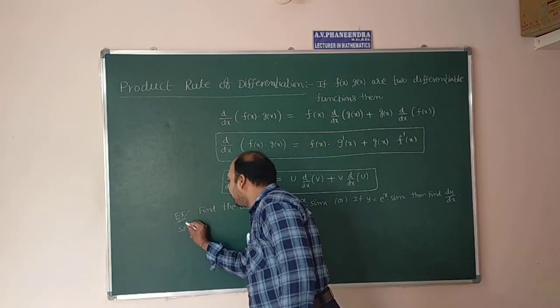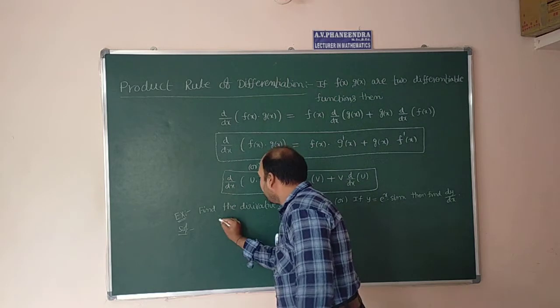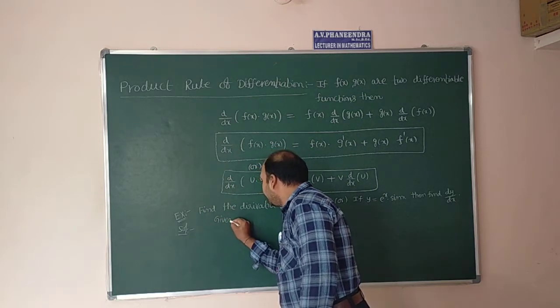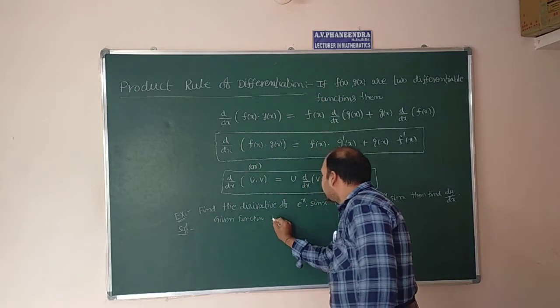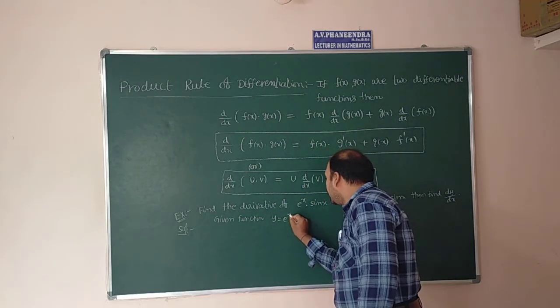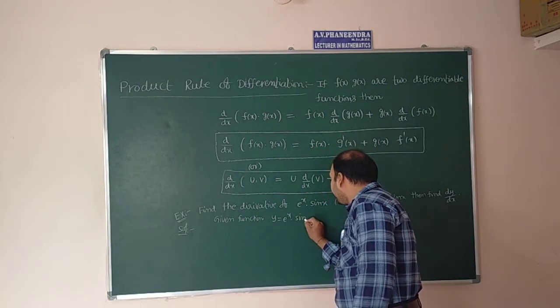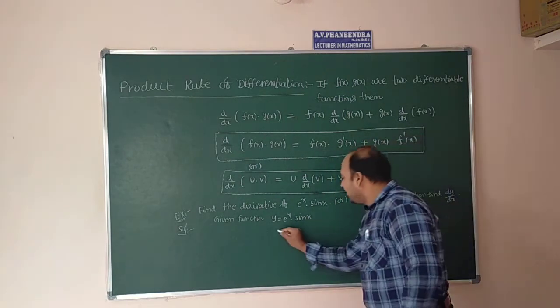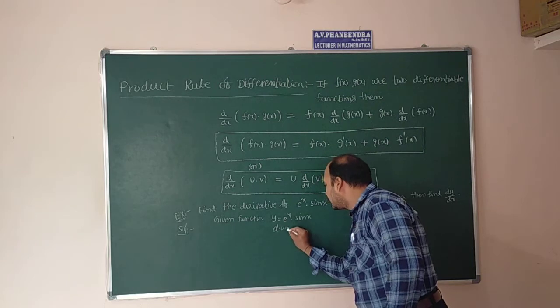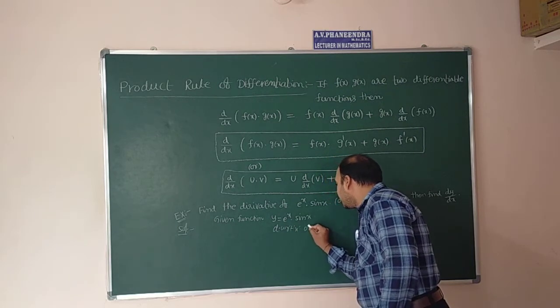So the given function is y is equal to e power x into sin x. Now we are going to calculate the derivative of this function. Differentiate with respect to x on both sides.